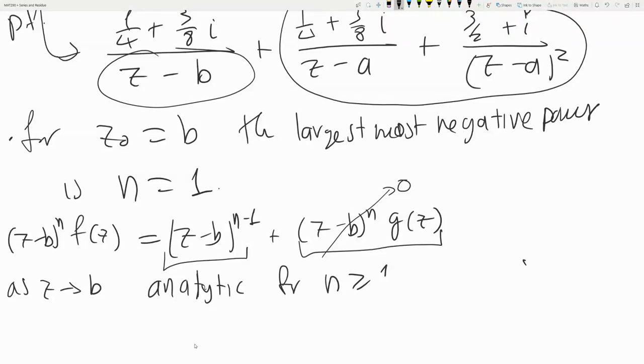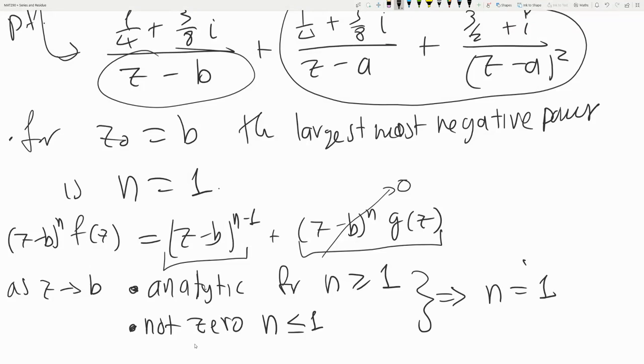First of all, it's analytic for n greater or equal than 1, and it's not 0 when n is exactly 1. So let me write like this. When n is less or equal than 1, so if you take these two together, n is forced to be 1.